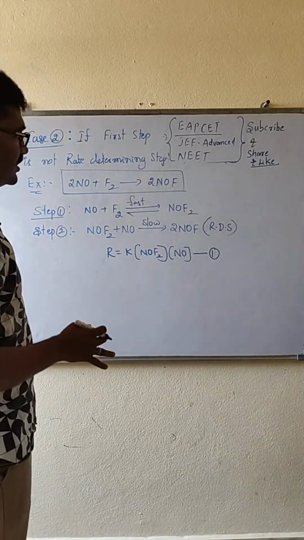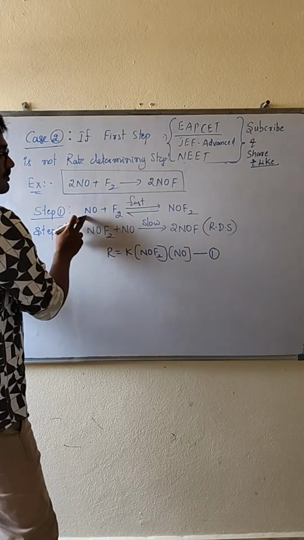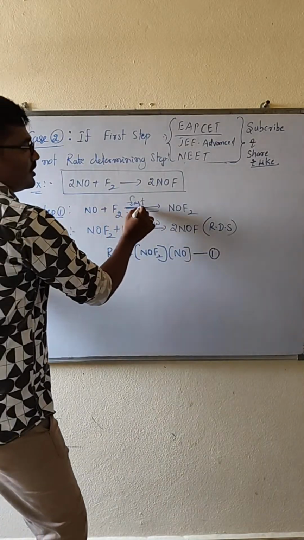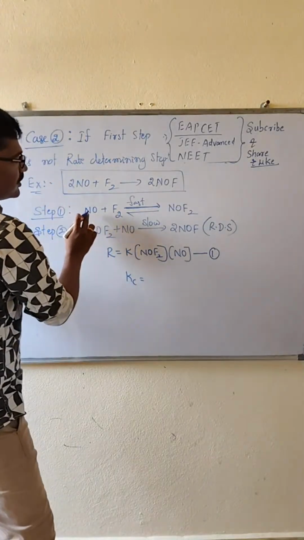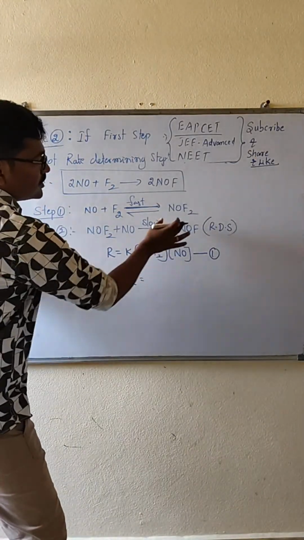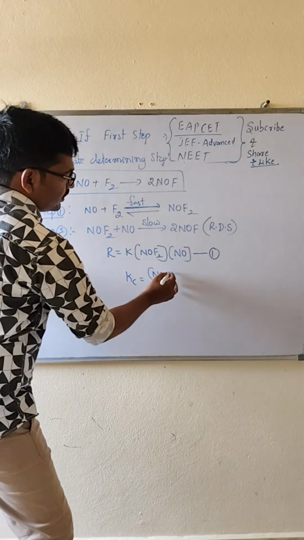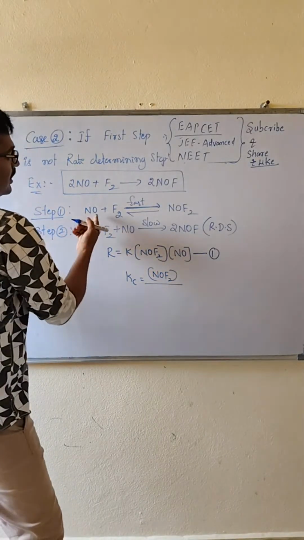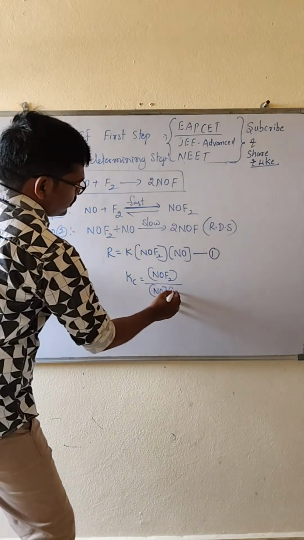So how can we do that? Look at the first equation. It is an equilibrium reaction. Are you seeing that equilibrium reaction? If you write the equilibrium constant for this, how can you write it? It is the product concentration of NOF2 divided by the reactants concentration, NO concentration into F2 concentration.